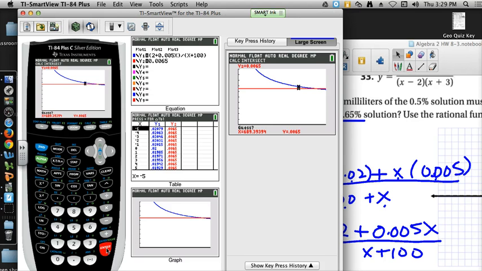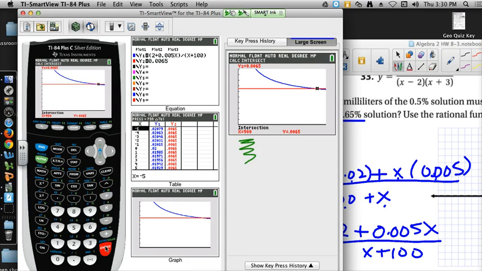Enter, enter, enter. And that tells us, kind of hard to read there, but it's a little easier to see over here, that we need 900 milliliters to add. So for number 35, our answer is 900 milliliters.